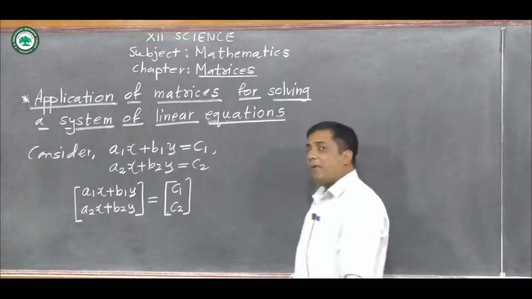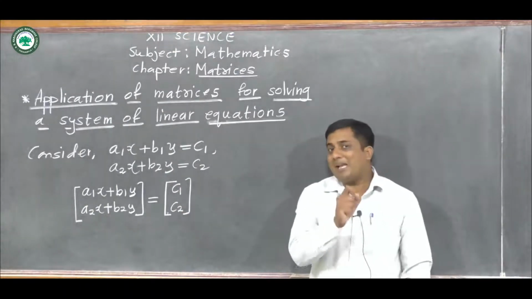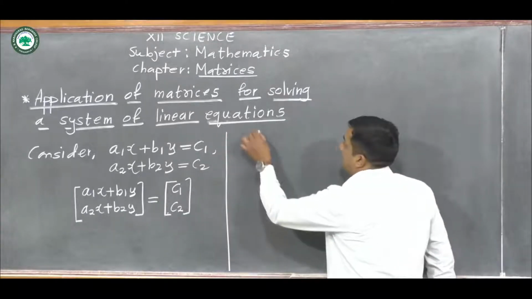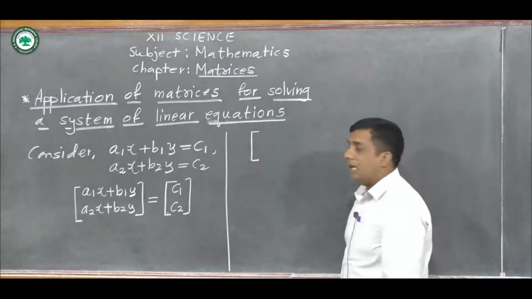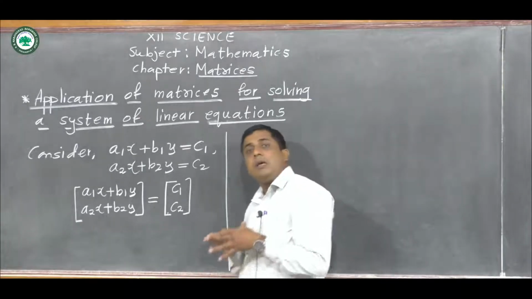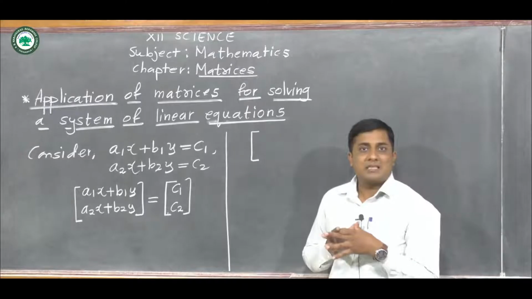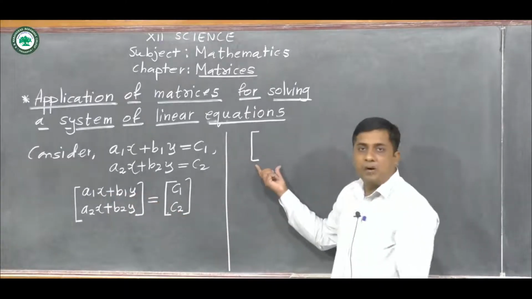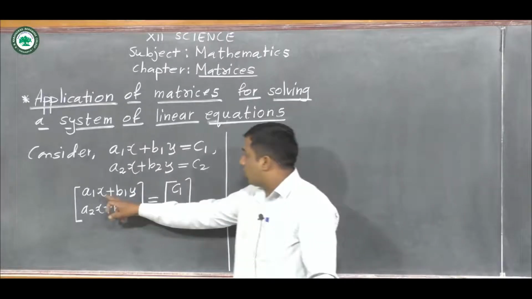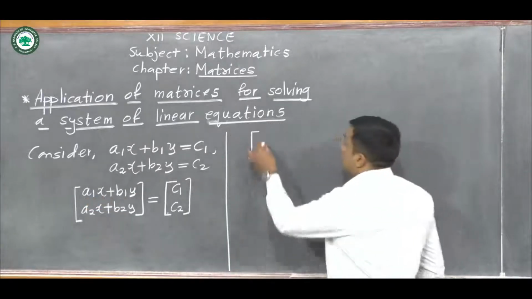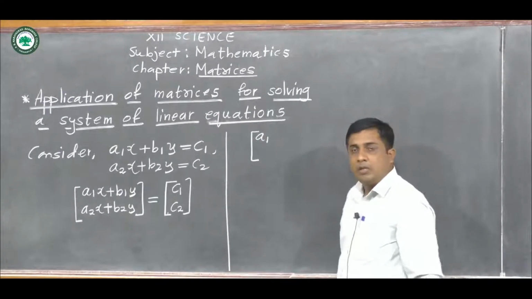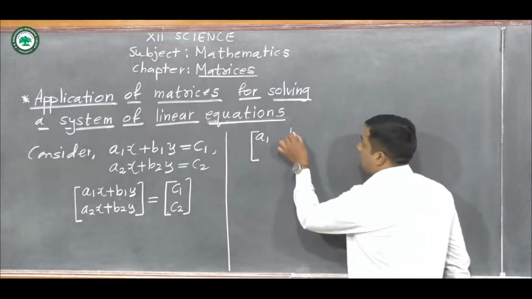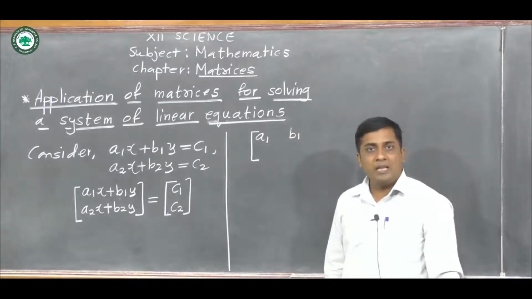Now by using the definition of multiplication of matrices, this can be written as follows. Firstly, we consider the coefficients of the variables x and y for the first matrix. The coefficient of x is a1, so I write a1. Next, the coefficient of y is b1, so the first row second element is b1.